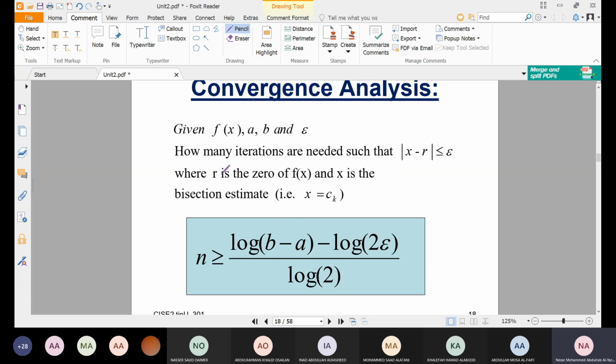The number of iterations is equal to the log of the difference between the upper and lower bounds, minus the log of the error, over the log of 2. So this is the function that we want, with the upper and lower bounds, and the value of the error.